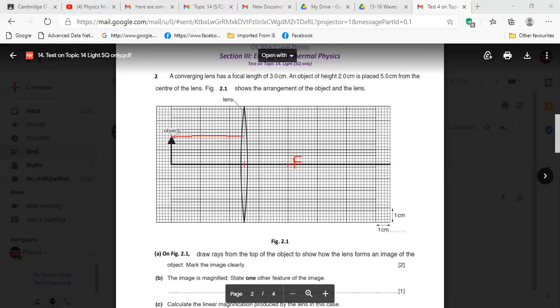Then we come here and pass it through the focal point, okay? Is it clear? Yes, sir. Then another line you should go through the optical center and pass it directly without bending, right? Yes, sir. Without bending, straight it will go. Then they are intersecting at this point, so it is your image, right?